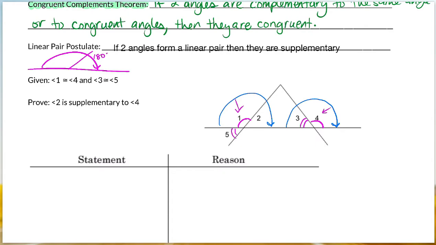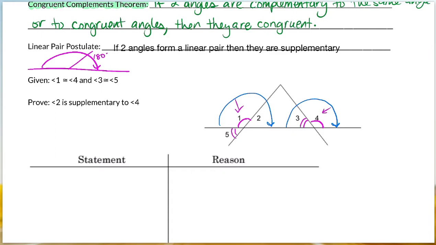And so I'm going to be using the congruent supplements theorem to figure out that 2 and 3 are congruent to each other. And I am also going to be using the congruent supplements theorem to kind of work to getting 2 and 4 supplementary to each other.